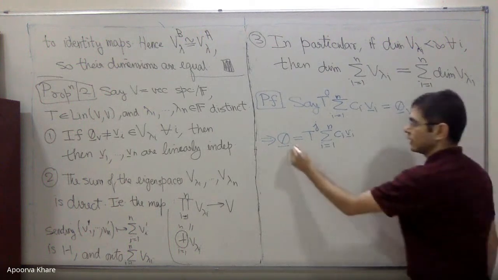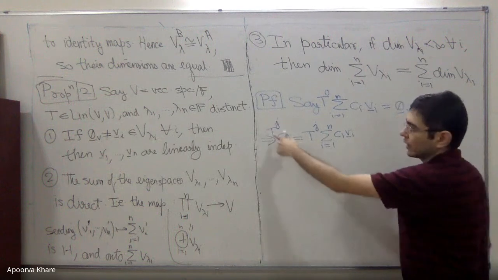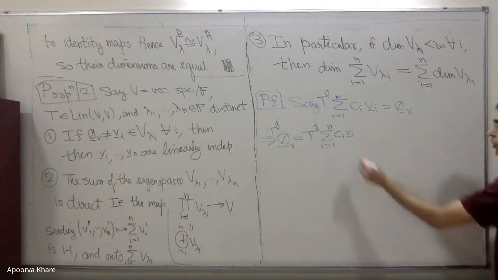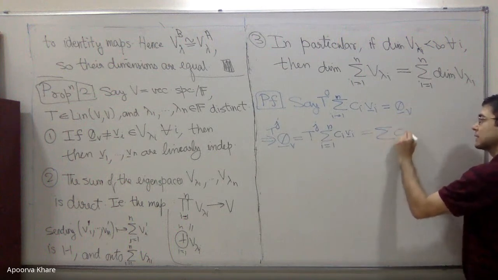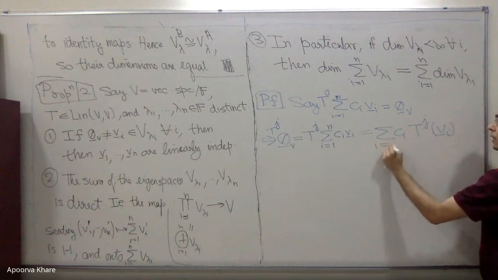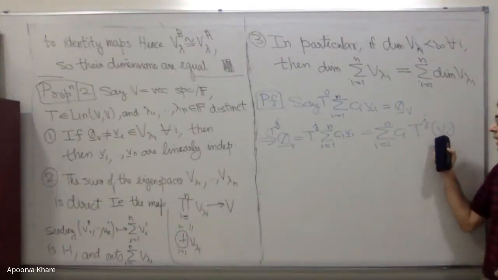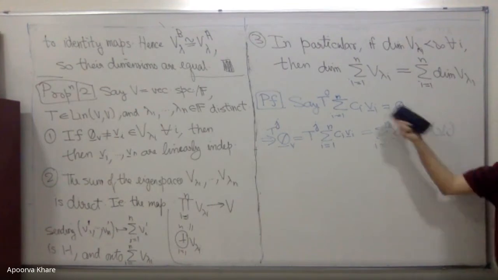So if I apply T raised to j on both sides, T raised to j of the zero vector is zero, because any linear map is linear. Because it's linear, I can take Ci T raised to j of Vi. And this was your homework problem: if Vi is an eigenvector with eigenvalue lambda i, then T raised to j has eigenvalue lambda i to the power j.